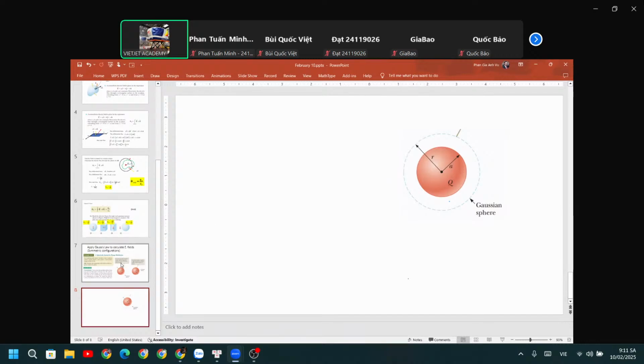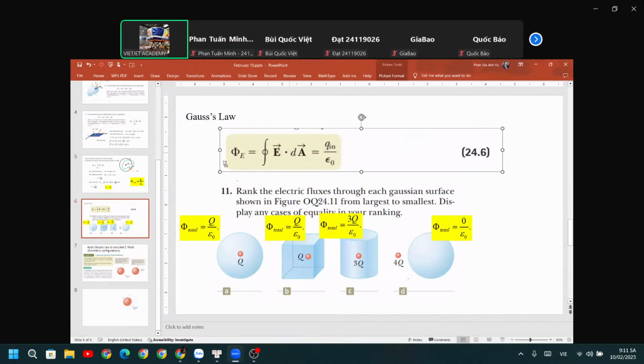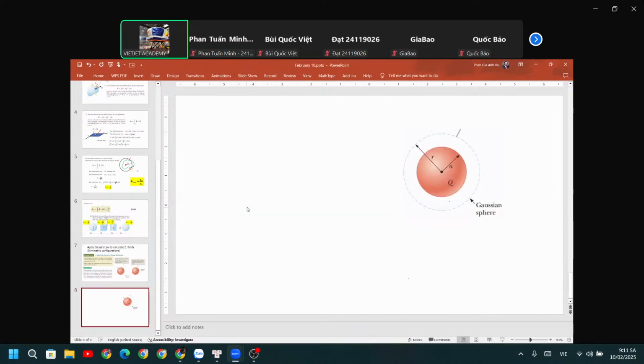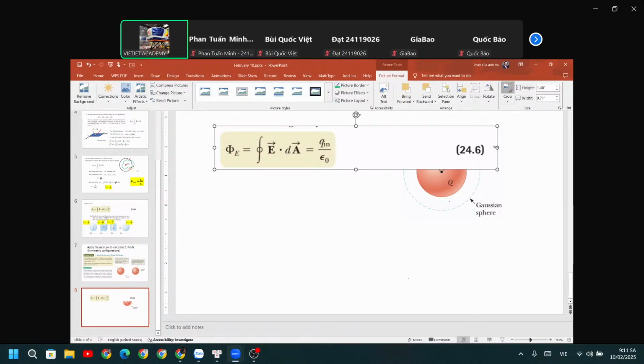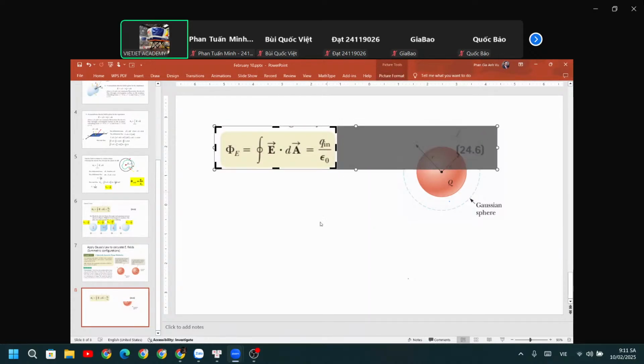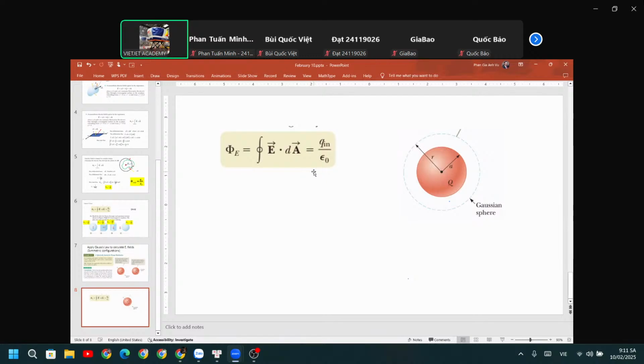the flux through this sphere is what? We can apply the Gauss law directly in this case, right? The flux is Q in over epsilon 0.